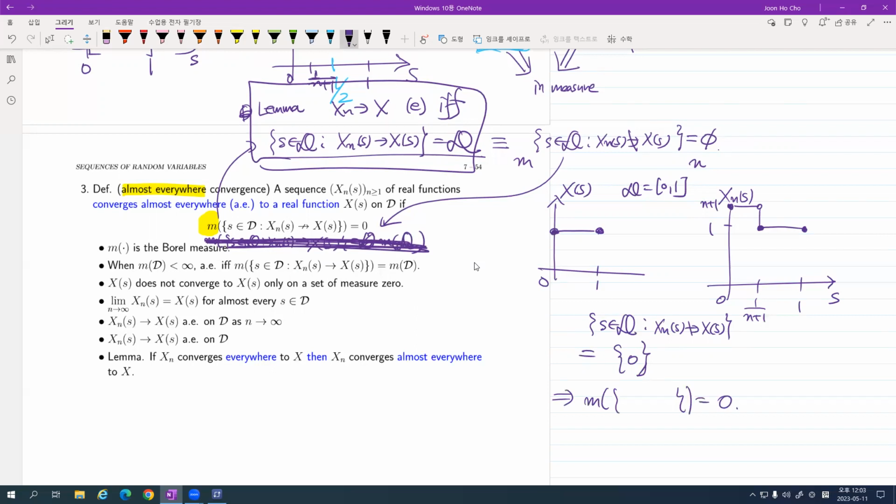So what can you claim? This sequence of functions converges to the limit function almost everywhere. However, it does not converge everywhere. Why? Because at s equals 0, it does not converge to the limit.